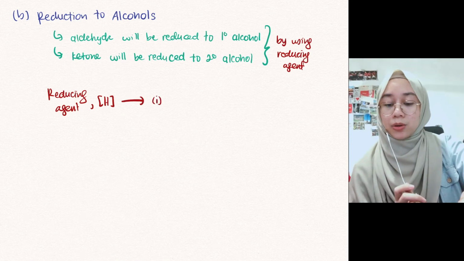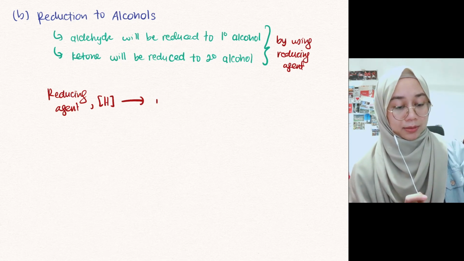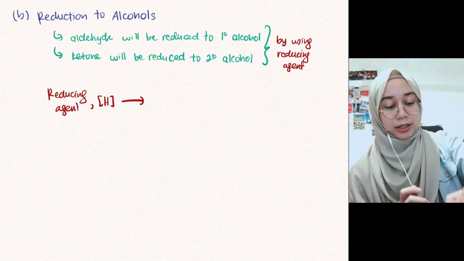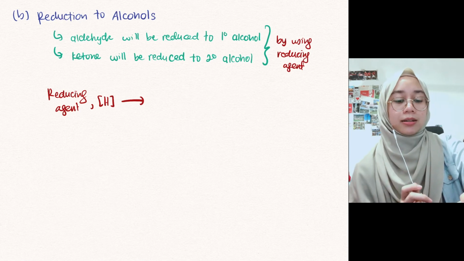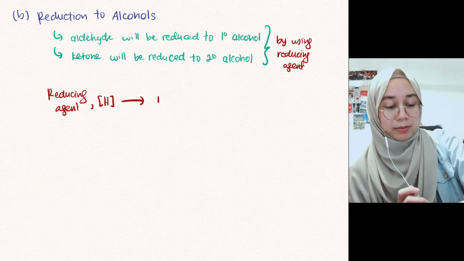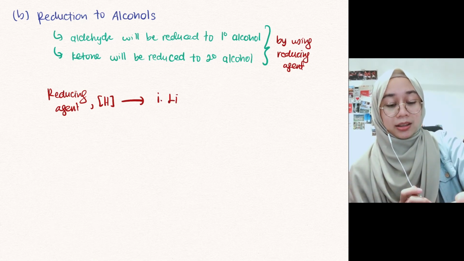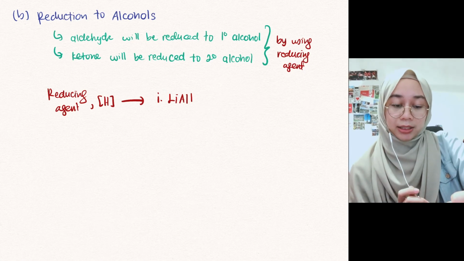First one macam mana Miss nak tulisnya? Okay, dia cara tulis dia macam ni tau. Memang kena ada nombor 1. Okay, lithium aluminium hydride.